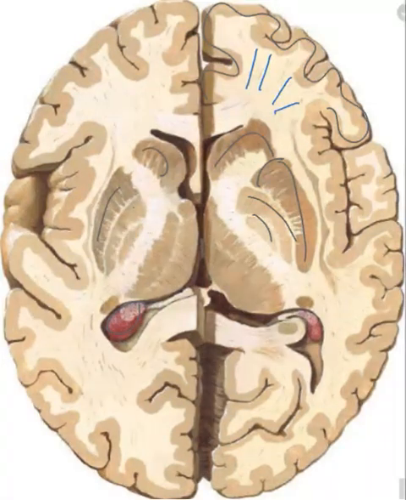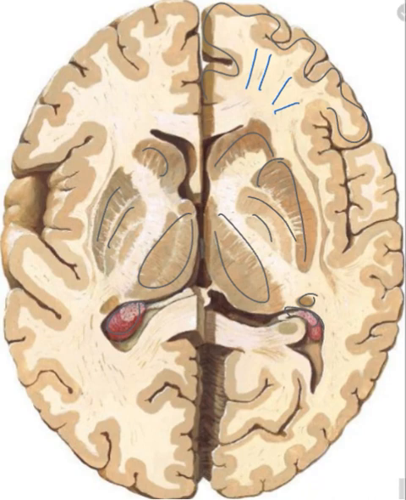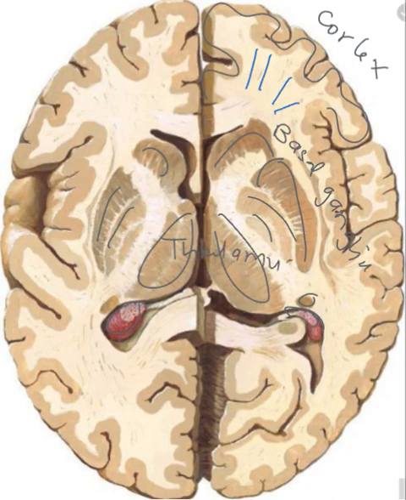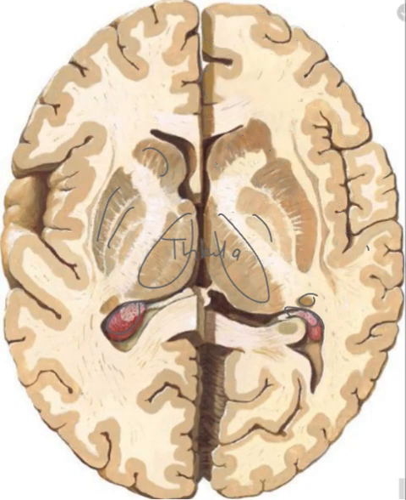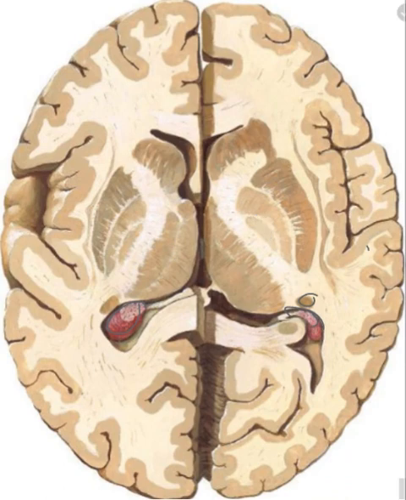We divided the gray matter in the cerebrum into main parts, which are the cortex, basal ganglia, and thalamus. And we talked about the most important part in the white matter, which is the internal capsule.